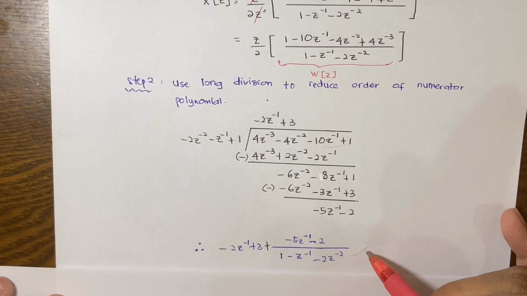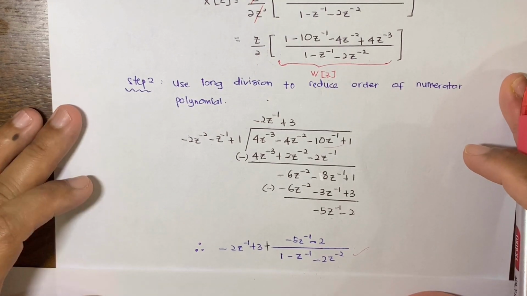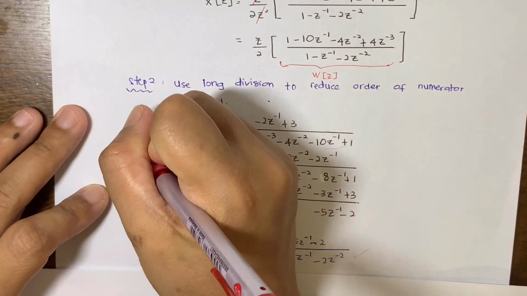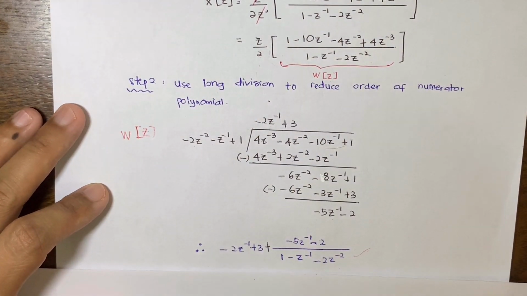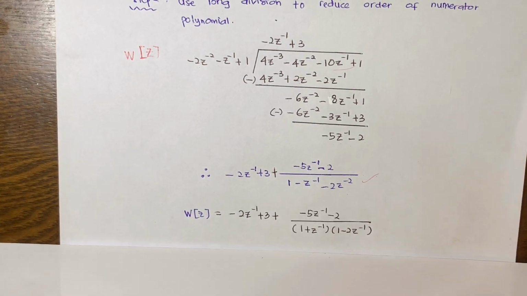You get this answer after you do the long division method for W(z) only.